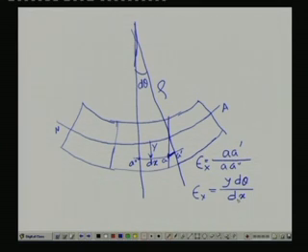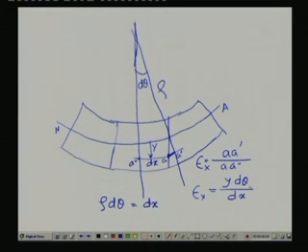When we consider this length dx, then rho d theta was nothing but dx, because this was the original length. So, we can consider rho d theta equals dx.